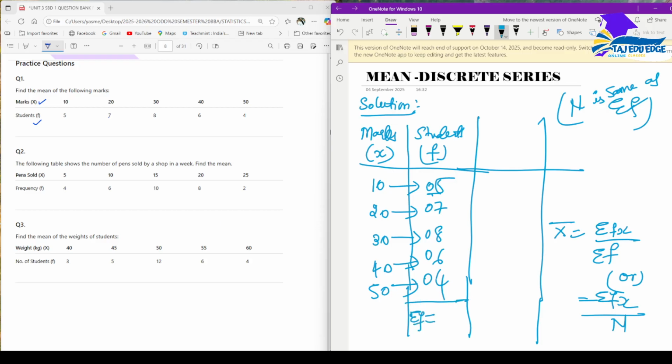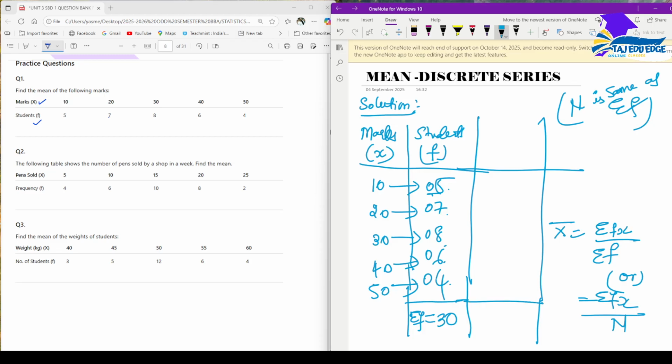That's why we are specifying here as capital N, so that we should not have any confusion during our examination. Okay, so now we need to add 5 plus 7, 12 plus 8, 20 plus 6, 26 plus 4, 30. We got the denominator, right?